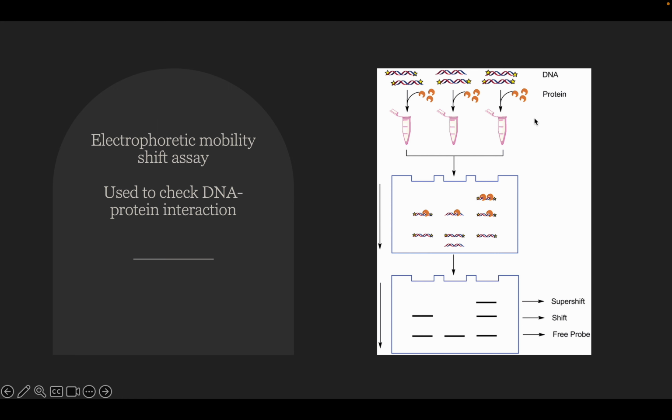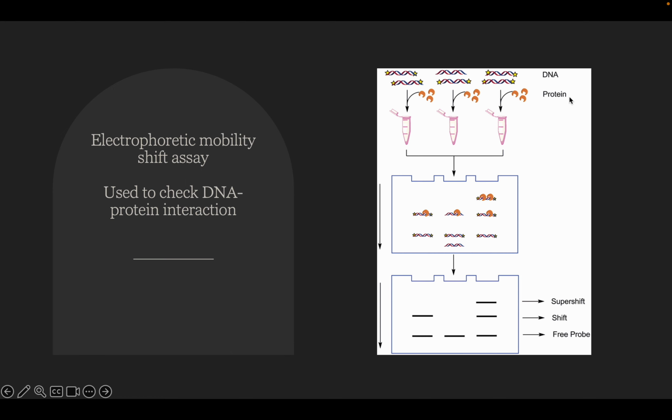If there is any interaction between protein and DNA, they will form a complex, and when you run them on the gel, because of the interaction, the molecular weight, the size of the protein and the DNA will increase. Suppose the DNA is 100 kilodalton and the protein is also 100 kilodalton. If they merge, it will be 200. But if they are not interacting, they will be individually 100 and 100.